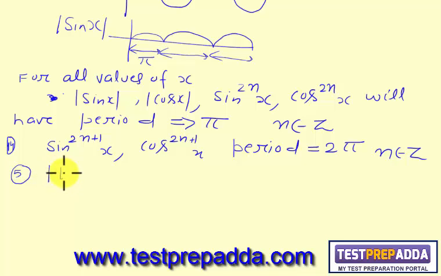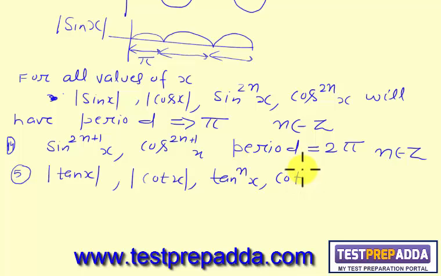If I say mod of tan x, mod of cot x, tan to the power n x, cot to the power n x, these functions have period pi only. Tan x also has pi, cot x also has pi. Mod of tan x will also have period pi.